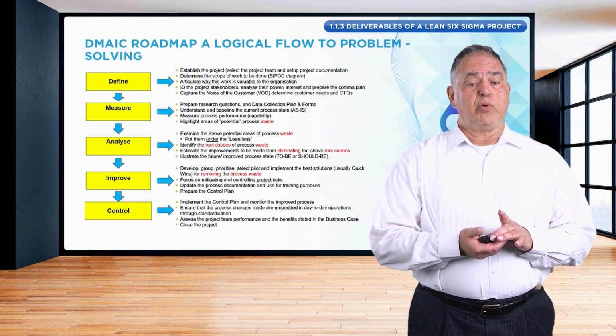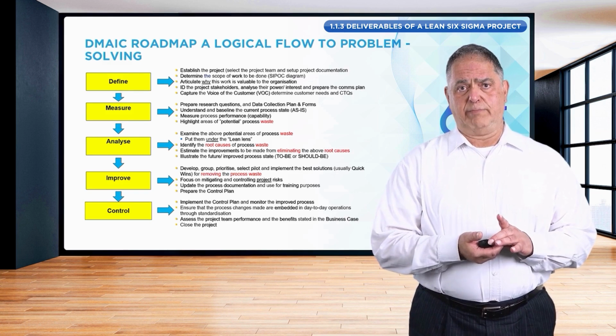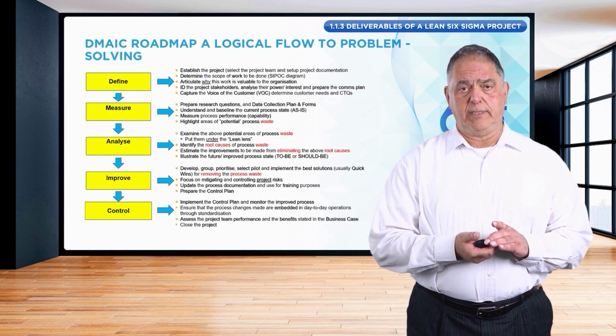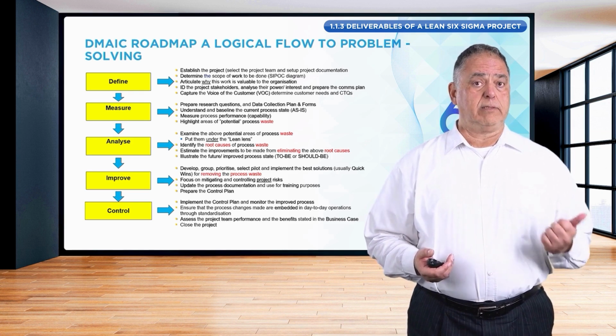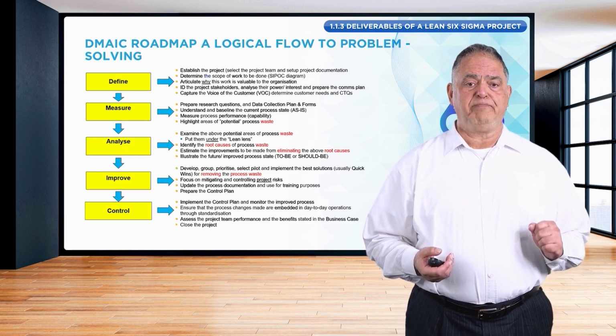We identify the root causes of process waste by conducting root cause analysis, and later in our course we're going to explain in detail what we mean by this term.